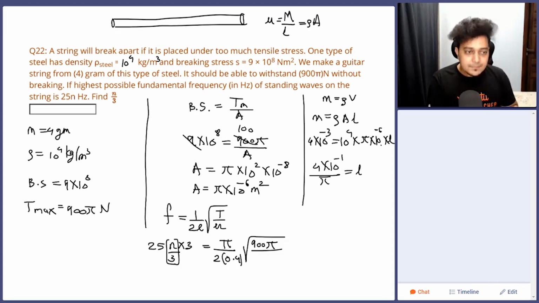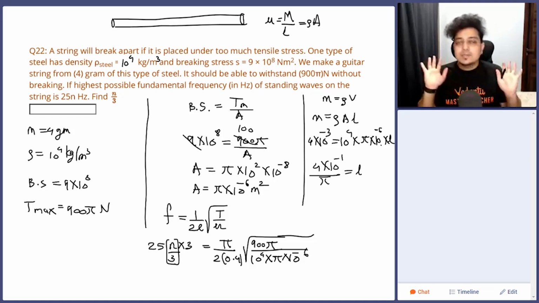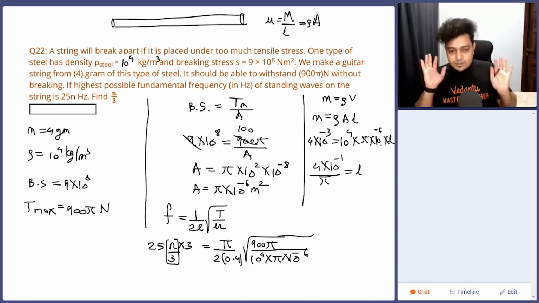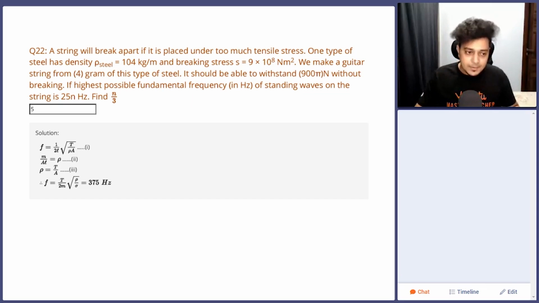Density available is 10 raised to 4, into cross section area. Cross section area is pi into 10 raised to minus 6. Now notice that pi will get cancelled. So now whatever is remaining are just numbers. Only n by 3 you have to leave. Everything else you can calculate, and that should give you the final answer. Okay, clear.